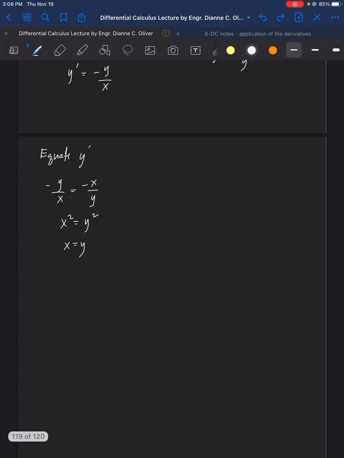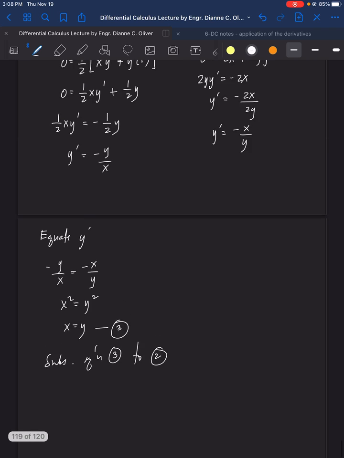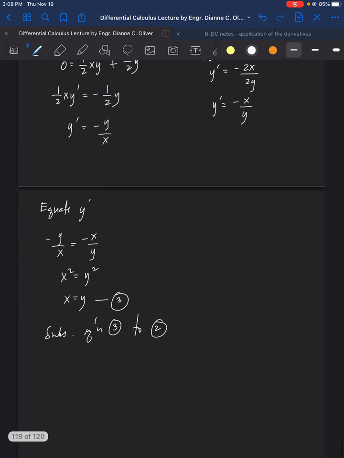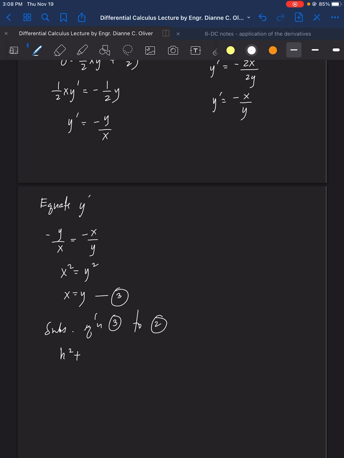Now if x is equal to y, then substitute equation 3 to equation 2, which is h squared equals x squared plus y squared. h squared is equal to y squared plus y squared.